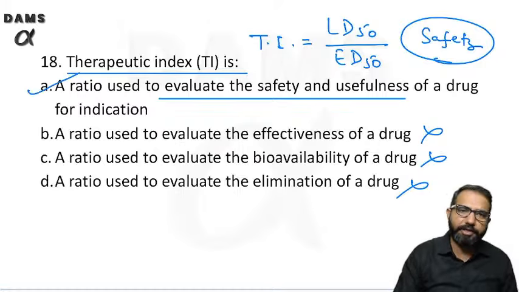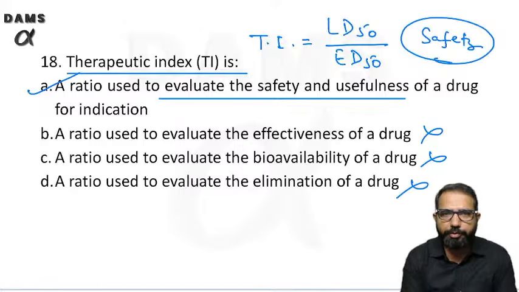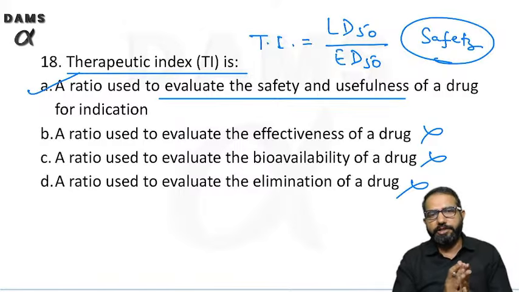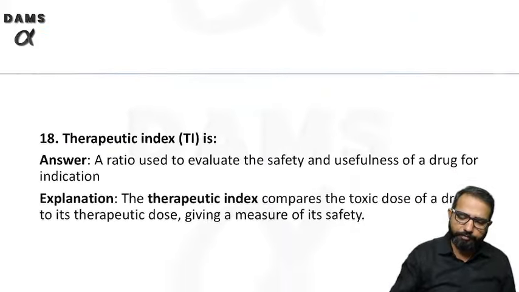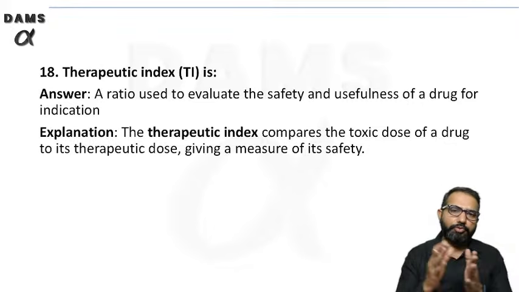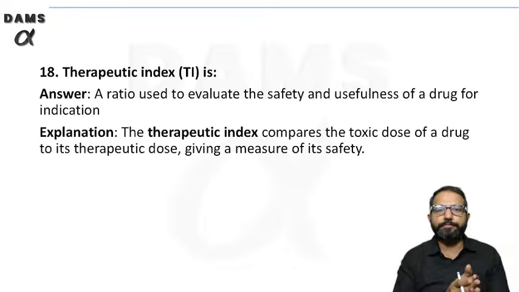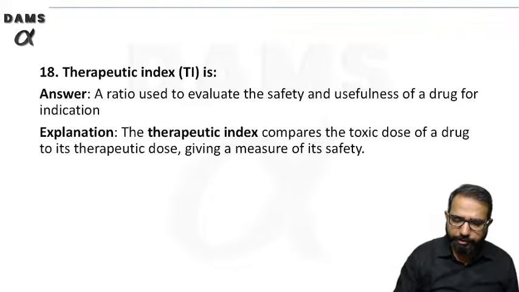This is for safety. Some drugs, like lithium and phenytoin, have a narrow therapeutic index, less than 2. In a broad range, the drug will be safer. Median lethal dose to median effective dose, so we have a range. It is for safety.